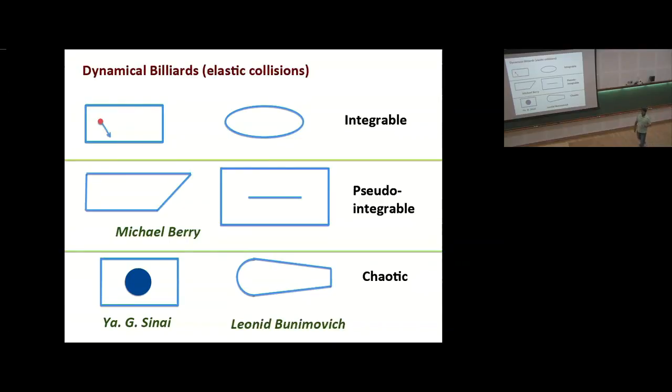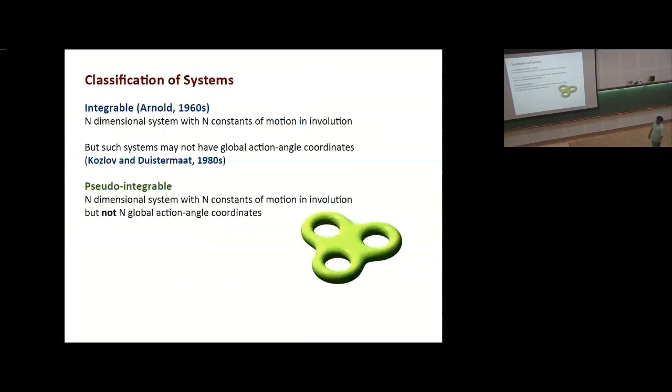So what does pseudo-integrability mean? To understand my work, it's very important to understand this concept. When we talk of integrable systems, the first definition was given by Arnold in the 1960s. He said that if you have an n-dimensional system which has n constants of motion in involution, then that system is integrable.